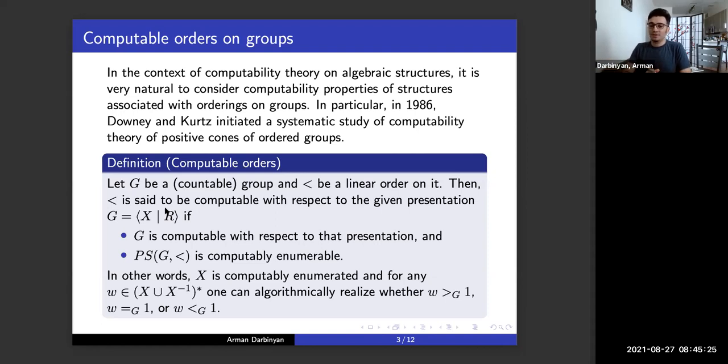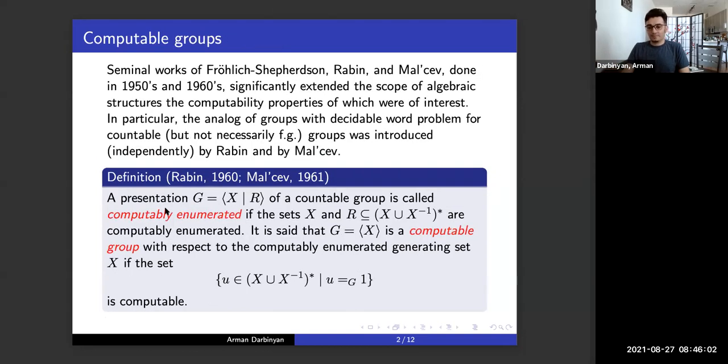If at the same time, with respect to this enumeration, the group is computable and the positive cone is also computable, then by definition the order is a computable order. In other words, there exists an algorithm, in layman's terminology, that for a given element of the group decides whether this element is a positive element, a negative element, or is equal to the trivial element.